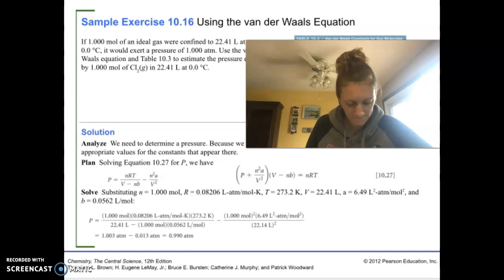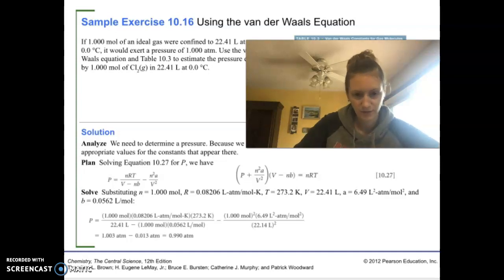So P is going to equal our n, which is 1 mole, times our gas constant, which, since we're in liters, atmospheres, moles, and Kelvin, is 0.08206, times our temperature, which is 273, divided by our volume, which is 22.41, minus our moles, so 1, times our b, which for Cl2 is 0.0562.